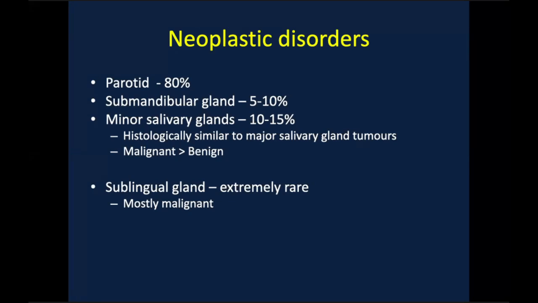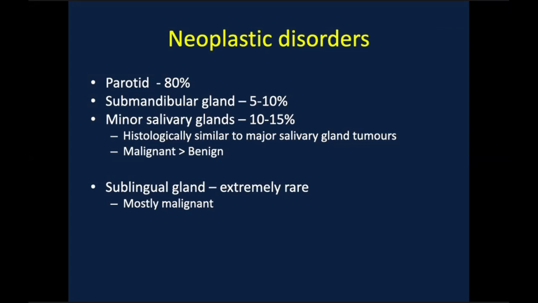Of the salivary gland tumors overall, the majority are benign. Only a few are malignant. The parotid gland is the gland which has the most tumors. A small percentage occurs in the submandibular and also in the minor salivary glands.